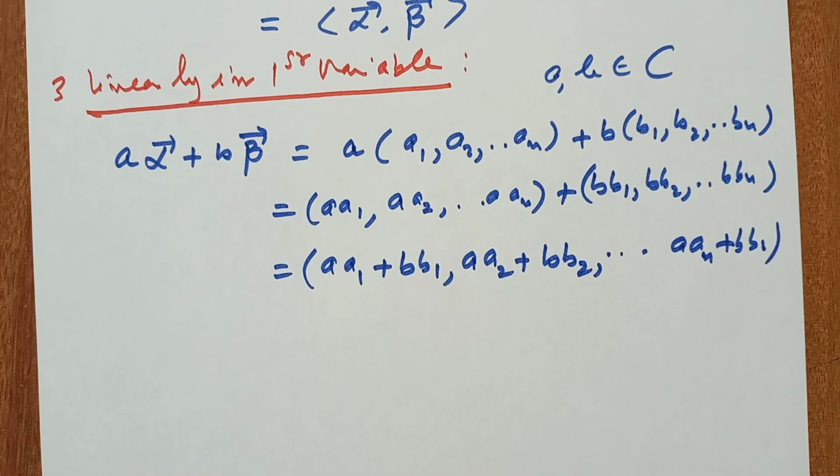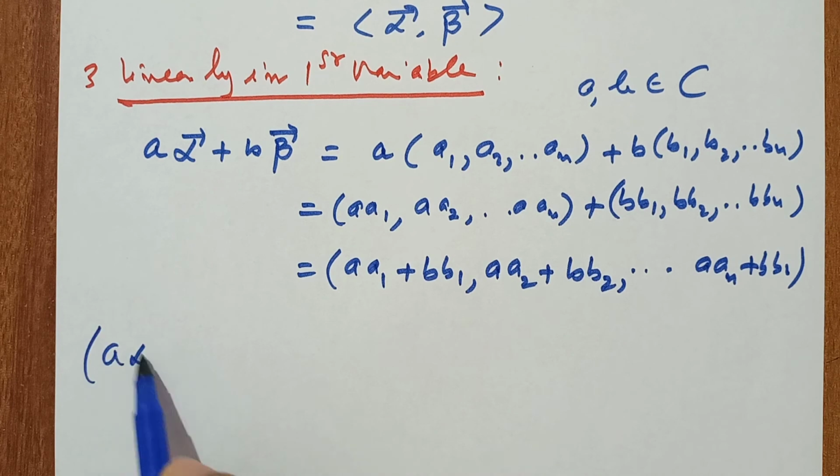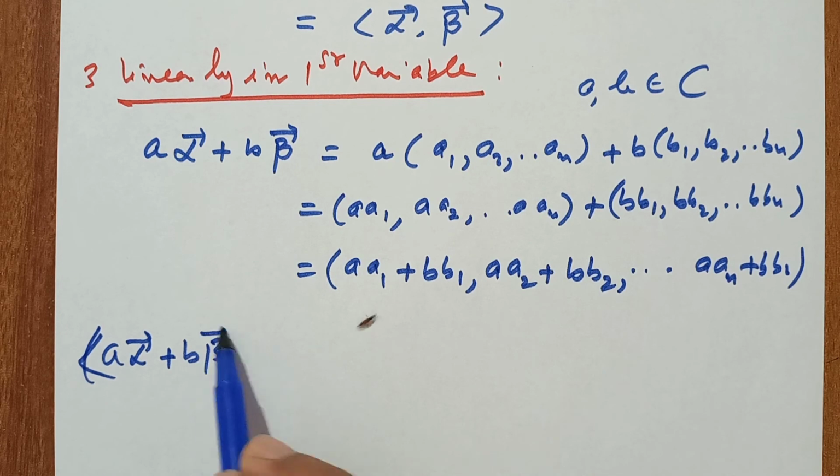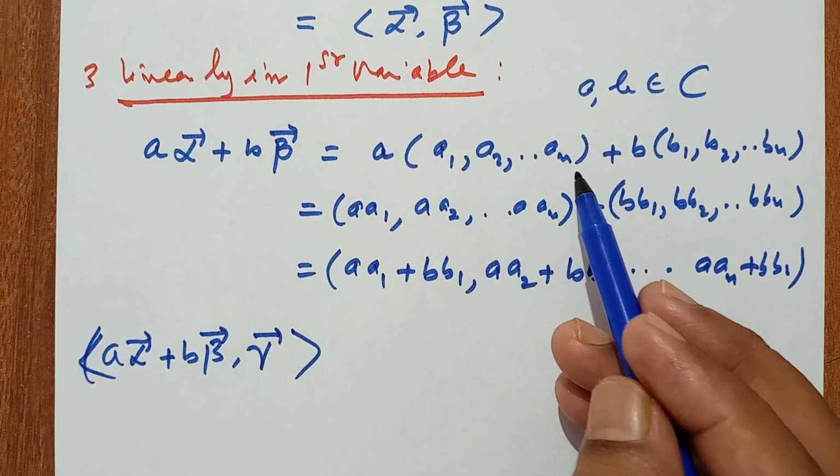Now we calculate the inner product of a alpha plus b beta with gamma. What is gamma? Gamma is another vector, like c1, c2 up to cn.